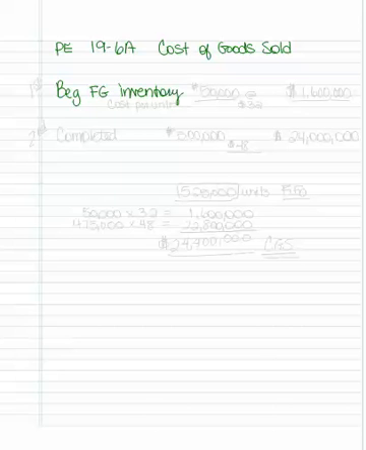The beginning finished goods inventory is 50,000 units for a total cost of $1,600,000. You can figure out the cost per unit if you take the $1,600,000 divided by 50,000 units. So the cost per unit for your beginning inventory is $32 per unit.